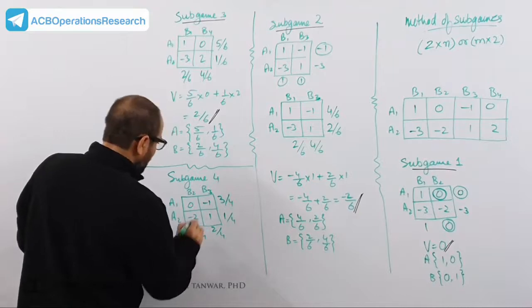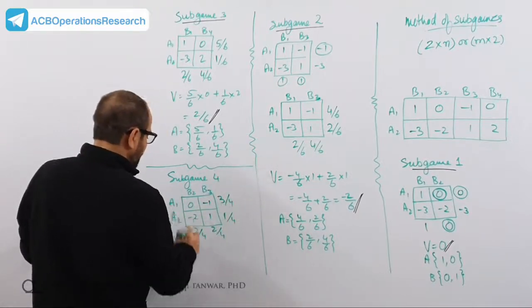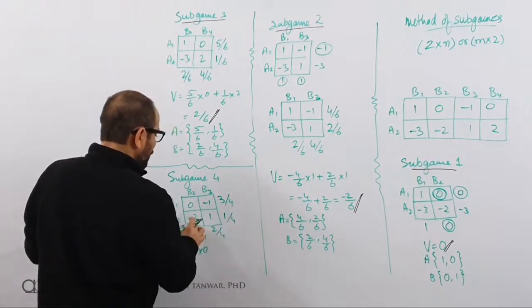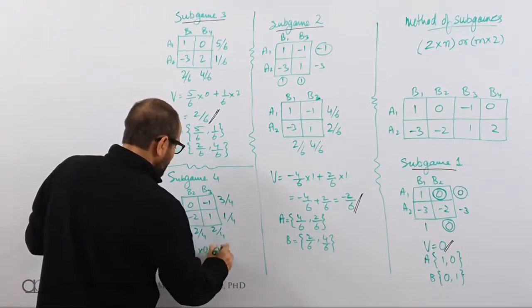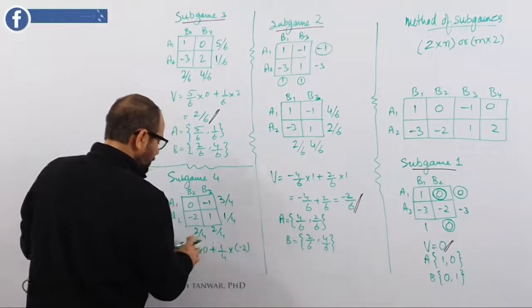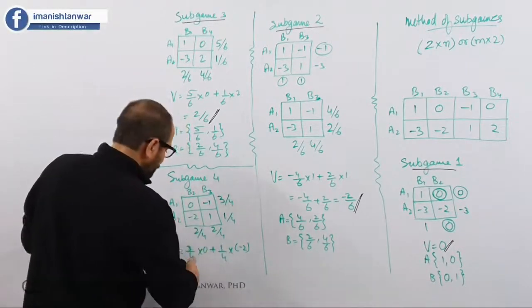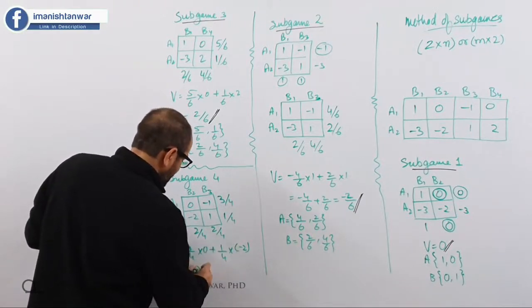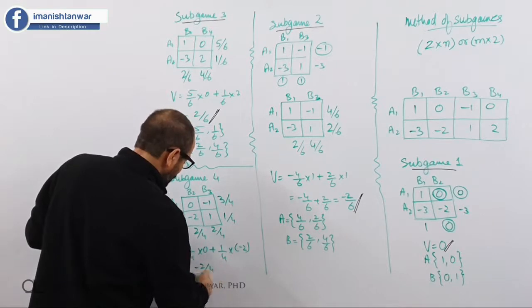So value of game becomes 3 by 4 multiplied by 0, 3 by 4 multiplied by 0. We can take any combination. I am purposefully taking this combination because it reduces one value to 0. So this is 0. All you are left with is -2 by 4.